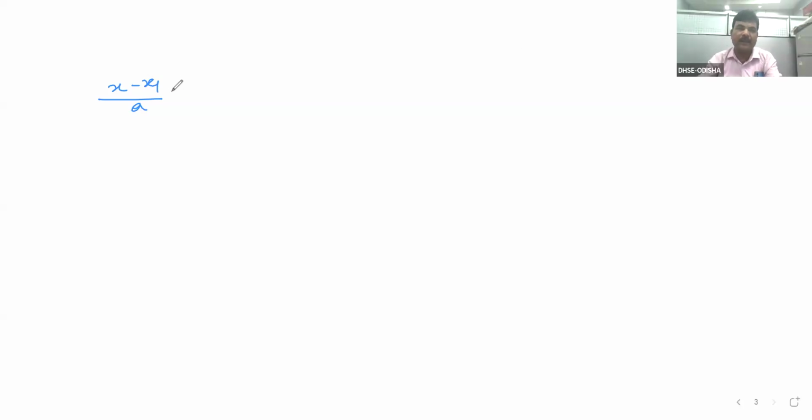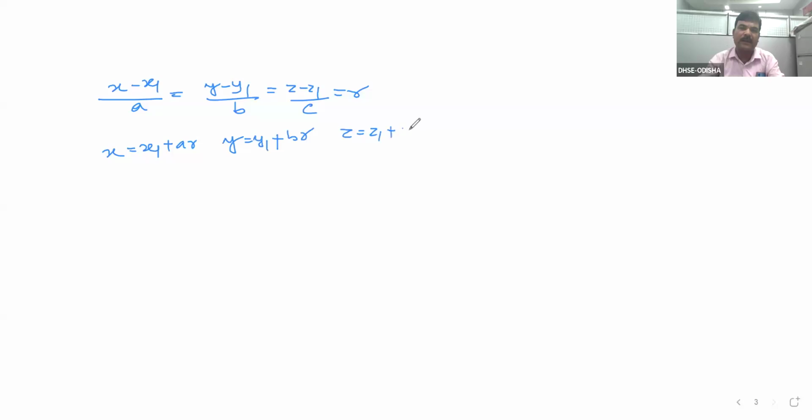(x minus x1) upon a is equal to (y minus y1) upon b equals (z minus z1) upon c. Let the proportionality constant be equal to r. So x is equal to x1 plus ar, y is equal to y1 plus br, and z is equal to z1 plus cr.